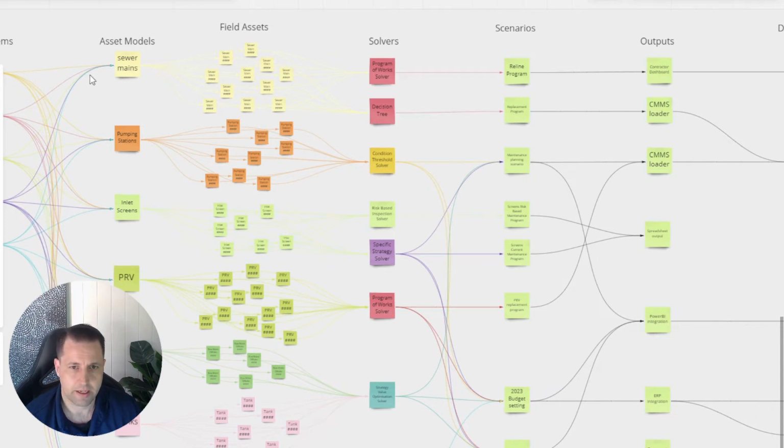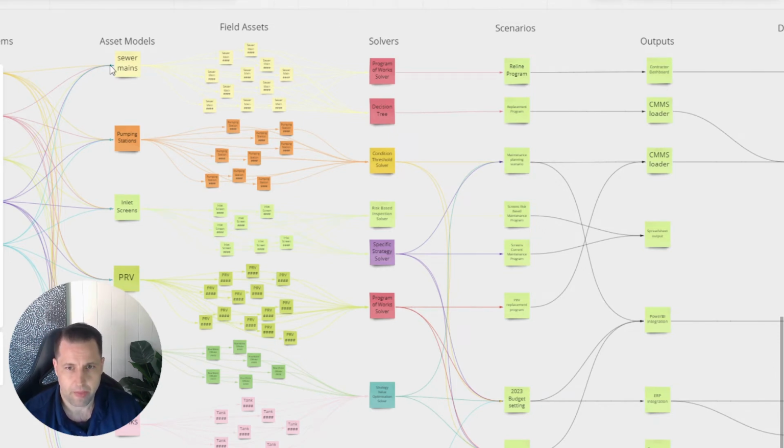And so what we're doing here is essentially deriving an individual representation of every single one of our assets that we have out in the field, that's contextualized to its environment, its operational context, its conditional information, its costs, and a bunch of other different things that you've defined in the layer 2 asset model.